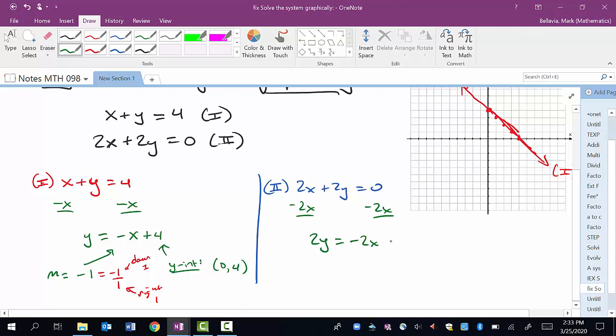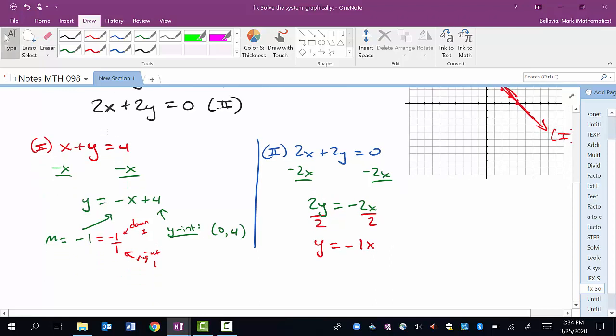So we're going to leave that. Now we want to solve for y still. So to solve for y, we're going to divide both sides of this by 2. So you get y equals negative 2 over 2, which is negative 1x, or just negative x if you wanted to say that. And then there is no value here for b, which means the value for b is 0, right? You could write y equals negative 1x plus 0 if you wanted, but typically we don't. So this is just the line y equals negative x.